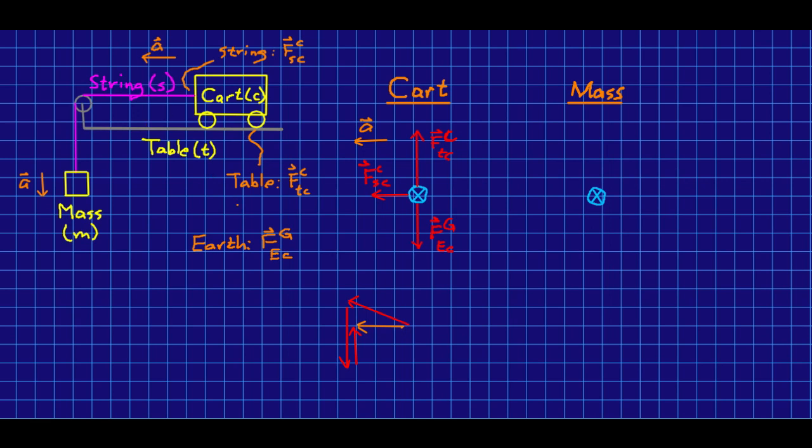So that's why I've put the string horizontal. It's a much simpler situation than this.